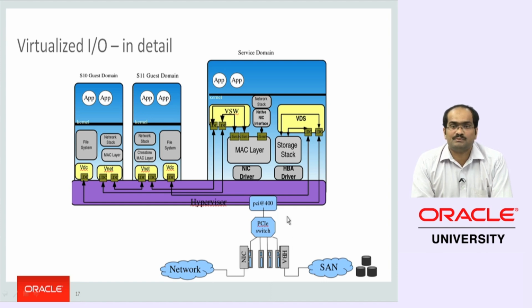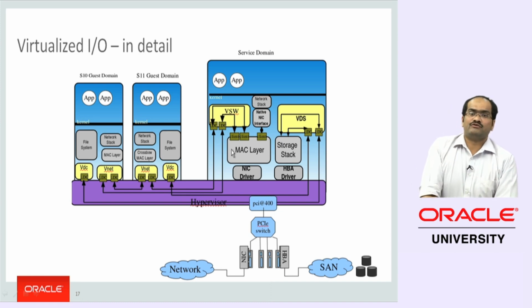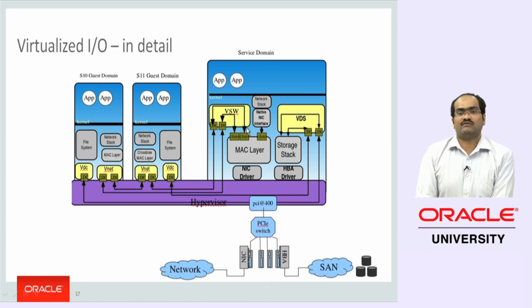It is attached to the service domain, which can in turn provide disk services and network services to the guest domains. Typically, on the MAC layer, we configure a virtual switch. The virtual switch, through logical domain channels, interacts with the VNet device in a guest domain, which is responsible for providing the network services. All the messages will be routed through the switch from the control domain.